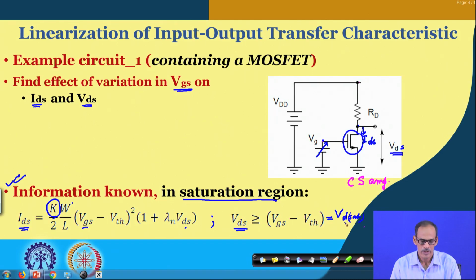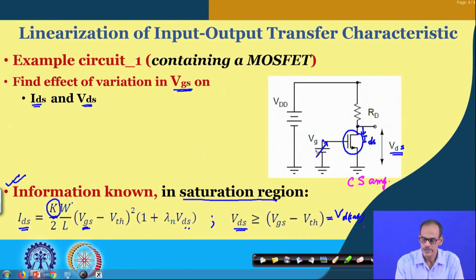Now, you might have noted that I am using slightly different notation for each of these parameters. For example, I d s is written as capital I with small d s, which means that this I d s is subject to change with time, and likewise V d s is capital V with small d s, and then V g s also.